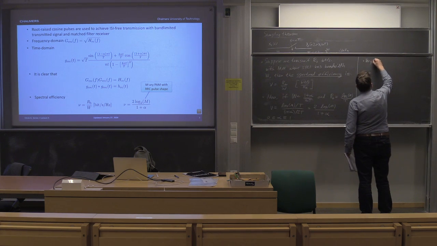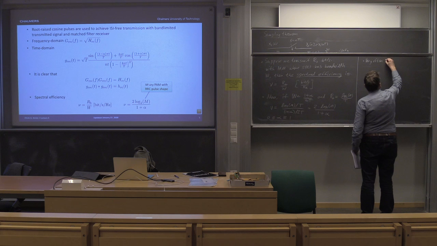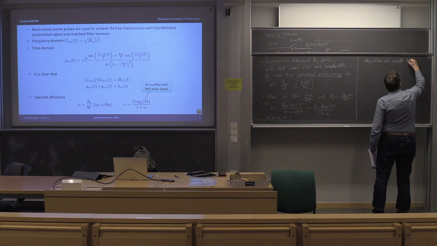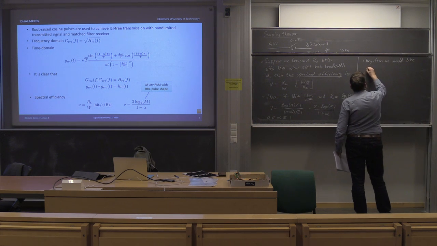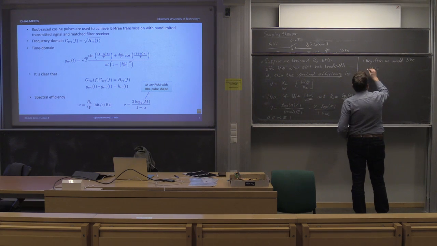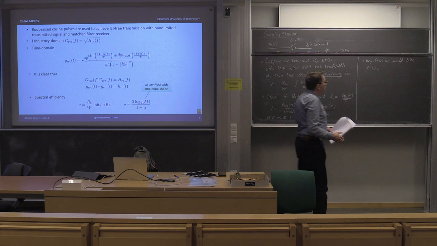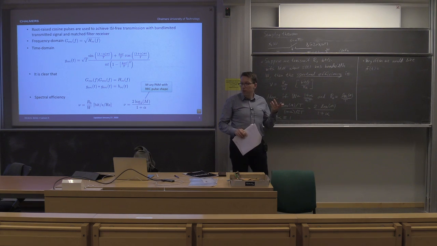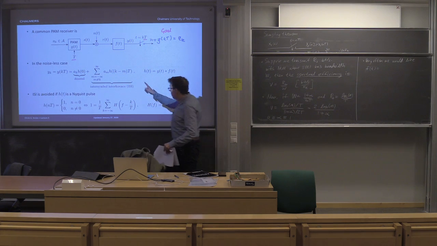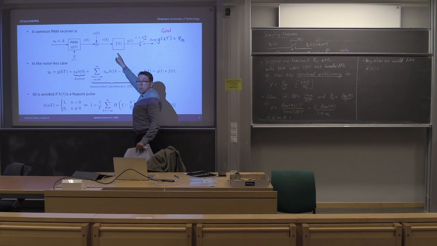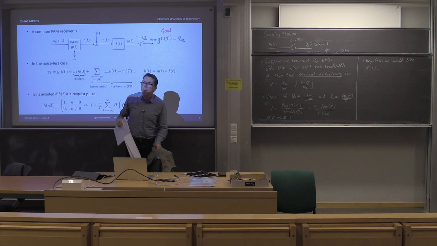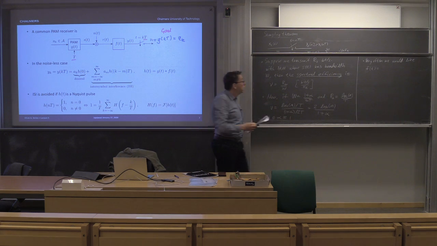So very often we would like the f of t, and remember f of t, what is that? Well, it is the impulse response of the receiver filter. Okay. Very often we would like that to be related to g in a particular way, and why we want this will be clearer later today.